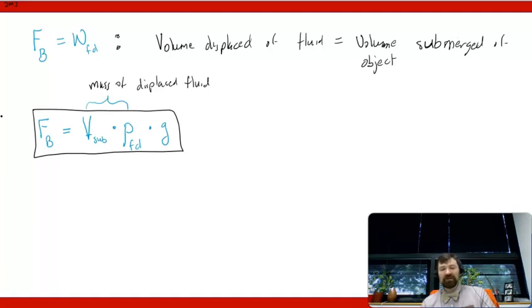The question might arise, how much of both will be underwater? And for a large balloon, the answer might be, well, part of the balloon and all of the rock.